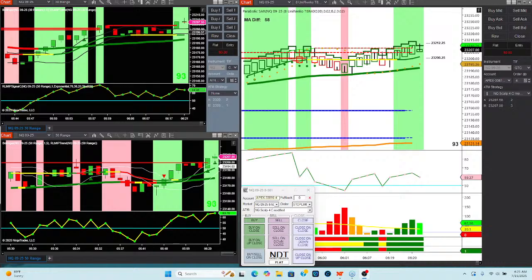So what I do is, looking at my charts, I have a 30 range and a 50 range chart. 30 range is up here, 50 range here. I look for a good setup for the power play.